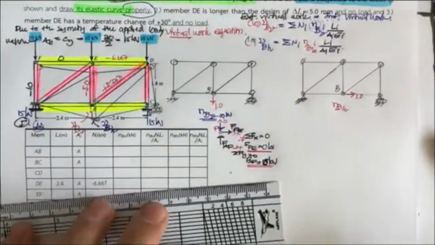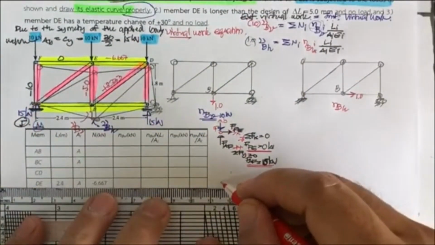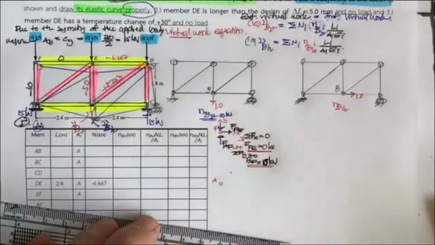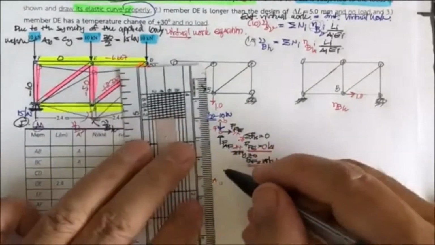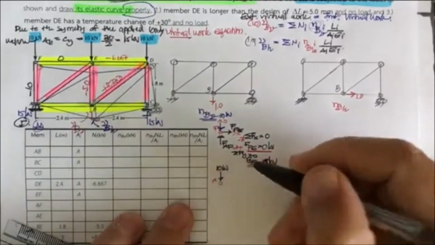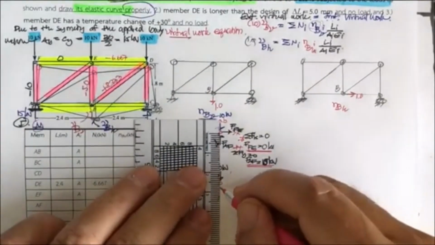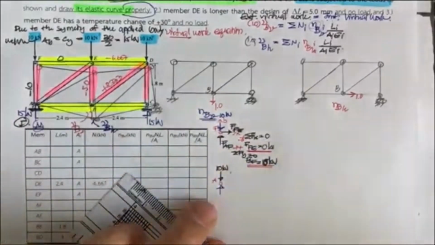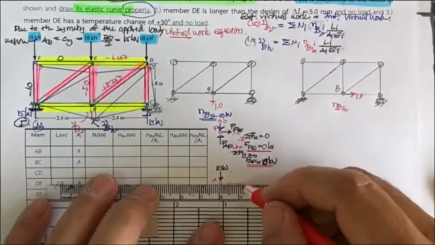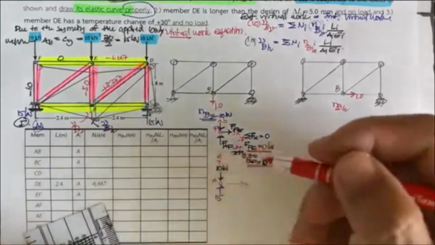Now that we know this minus 10, we start to consider point A. Point A is going to be subjected to F sub AF, yes, which is 10 kilonewton, and it also has 15 kilonewton here. So put the 15 kilonewton here, and you have this one for the X direction and this one for the Y direction.